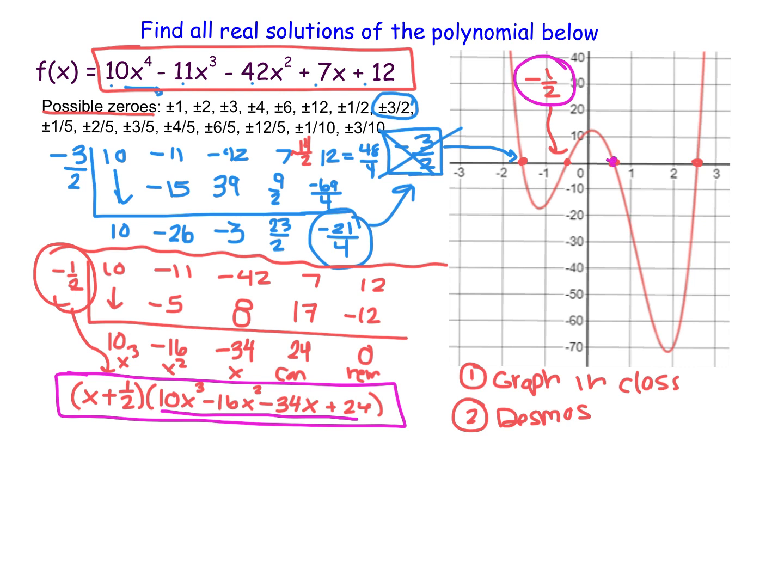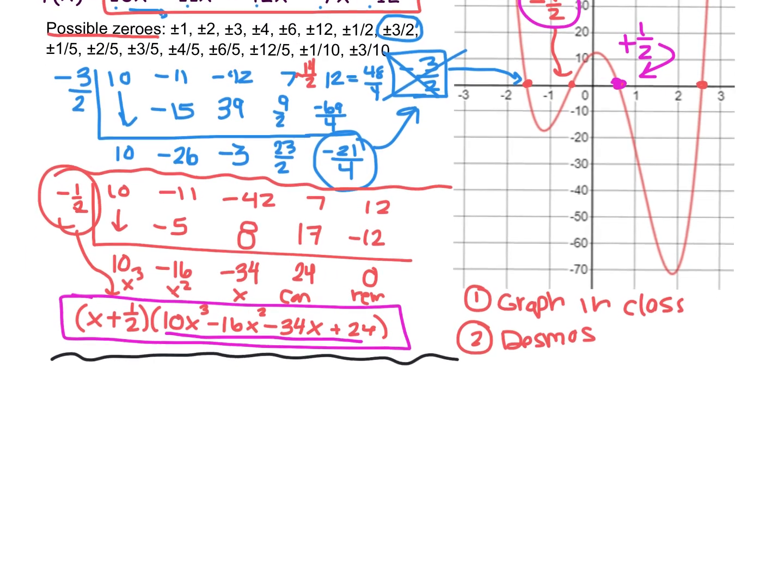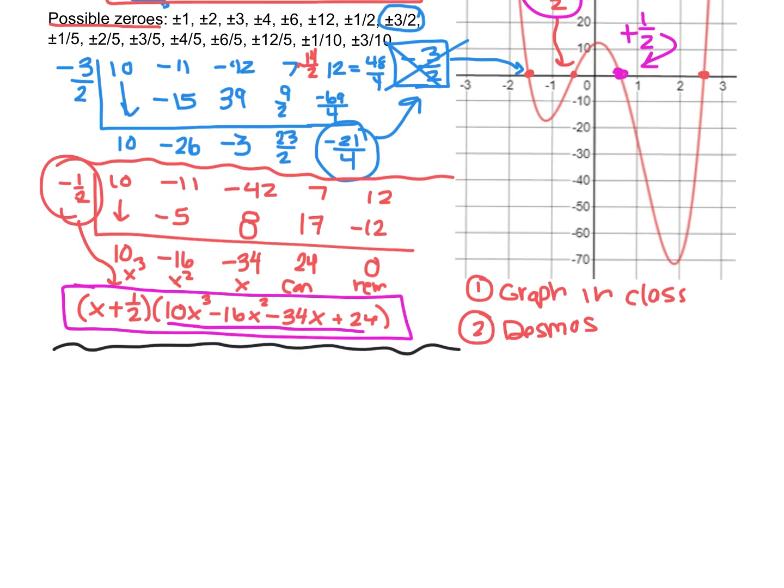So I'm going to move on to this point right here. And to me, this one looks like it's a positive 1/2. So we're going to test that out and see if that is in fact a 0. So we're going to give ourselves a little space here, and then I'm just going to scroll up just a bit so I have a little bit of writing room. There we go.